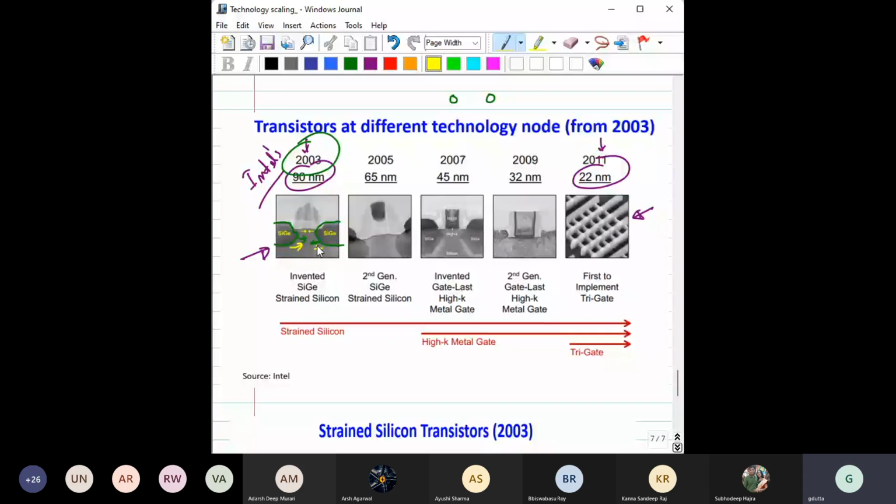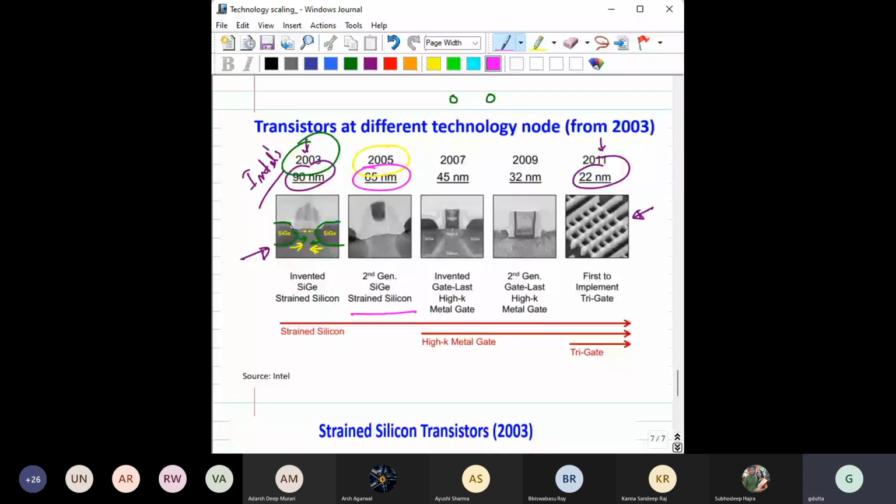Then in 2005, Intel launched 65 nanometer technology, only 2 years later, right? And here is the second generation silicon germanium strained silicon. The structure is a little bit changed, but the silicon germanium is still here, right? This is up to 65 nanometer technology.